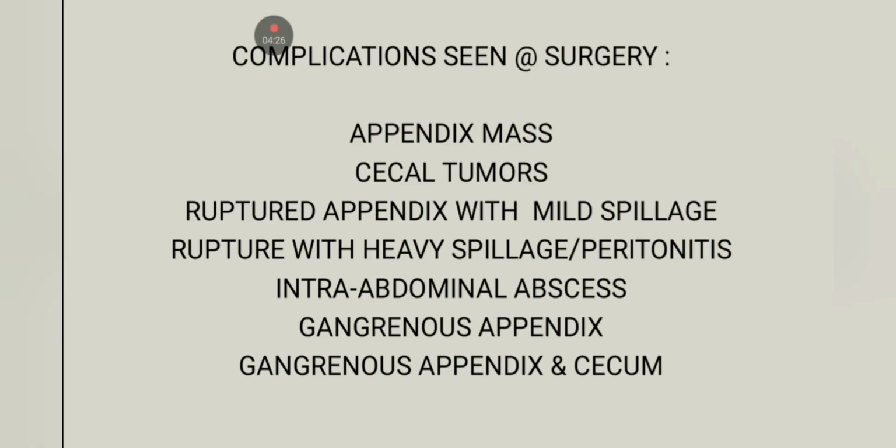Another complication seen is the appendix mass. With proper clinical examination, especially for non-obese individuals, an appendix mass can be palpated even before surgery. But for obese individuals with a fatty abdomen, an appendix mass may be encountered in surgery.